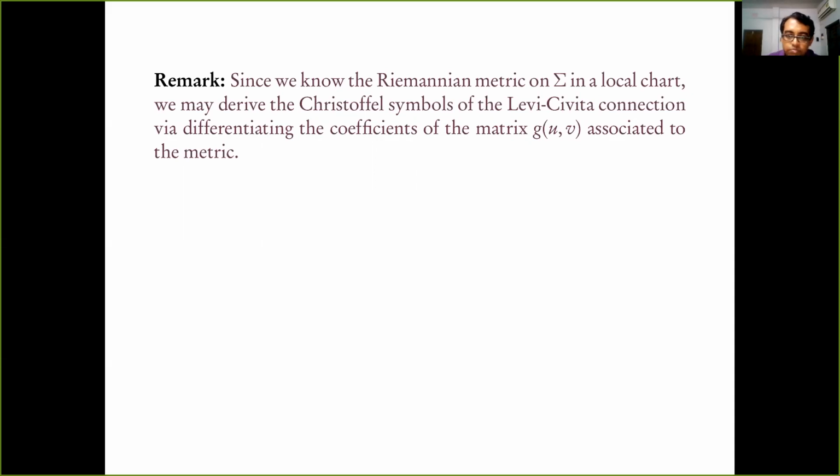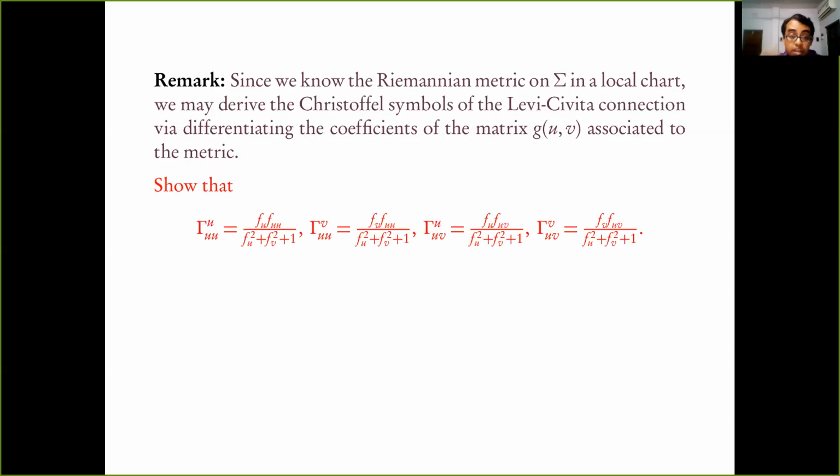Once you have the Christoffel symbols, you can write down the Levi-Civita connection. You know the matrix, you know all its derivatives, and hence you can combine them to get the Christoffel symbols, which then give you the Levi-Civita connection.